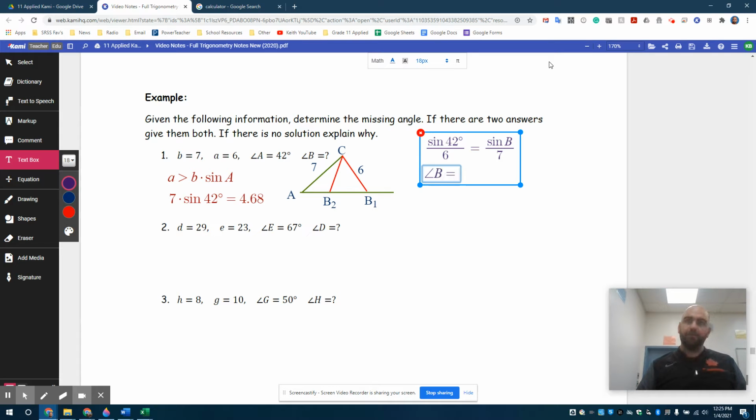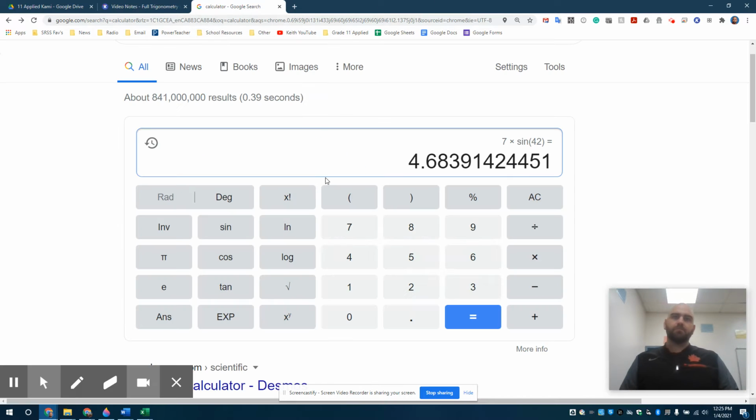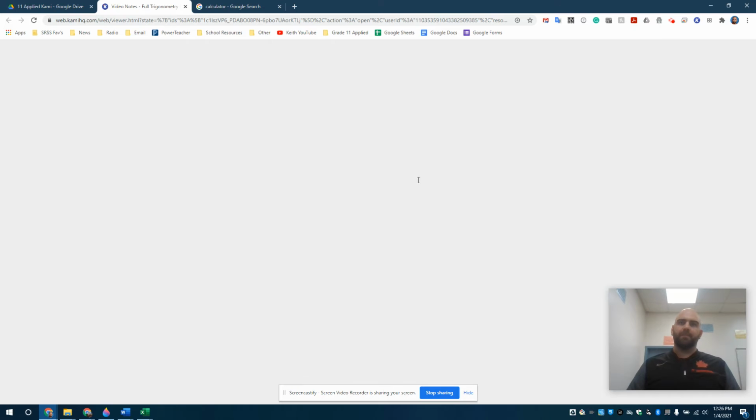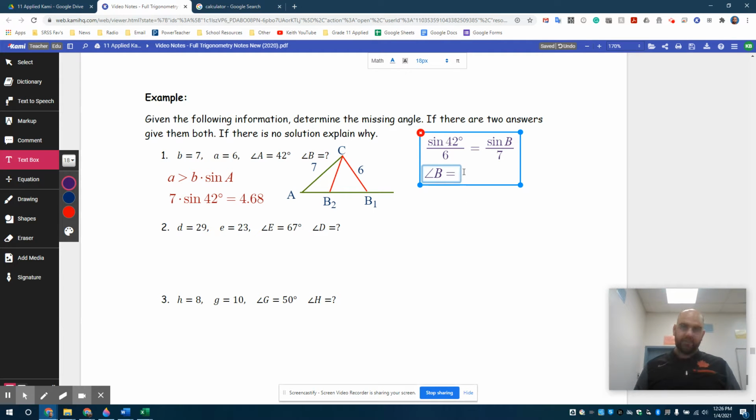And so angle B, we'll do 7 times sine 42, in brackets, divided by 6, and inverse sine of our answer, 51.32 degrees, and we're going to round it to the nearest degree. And so we're going to say this is 51 degrees. Okay, this is B1.